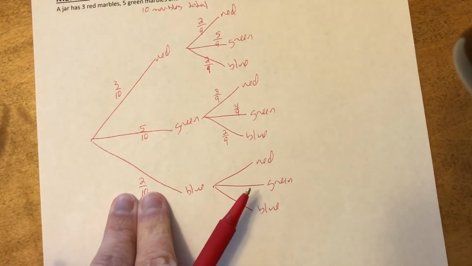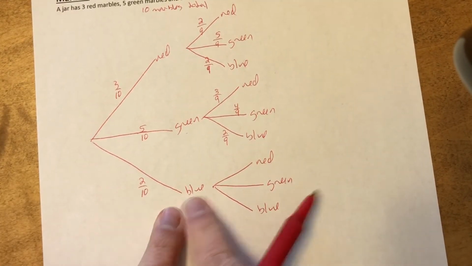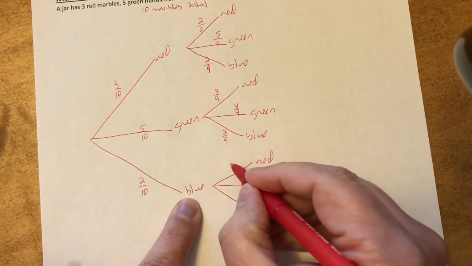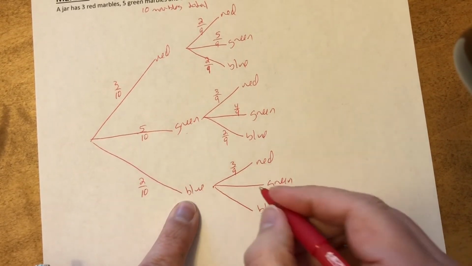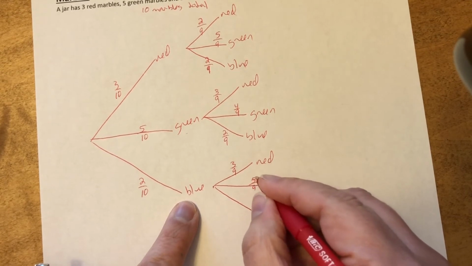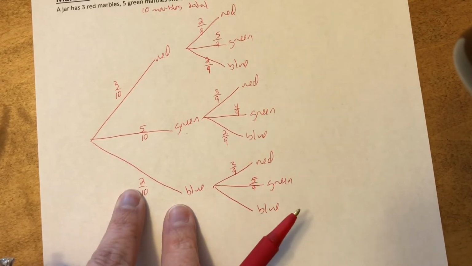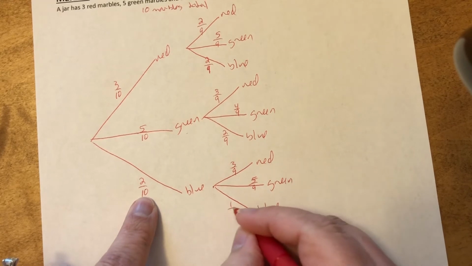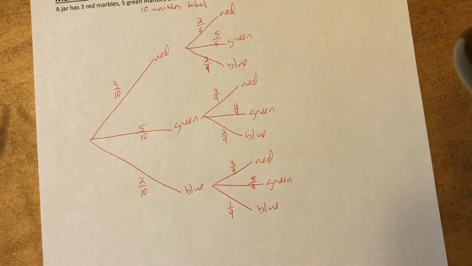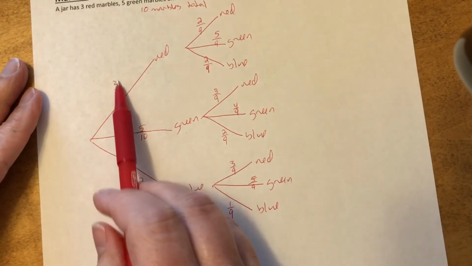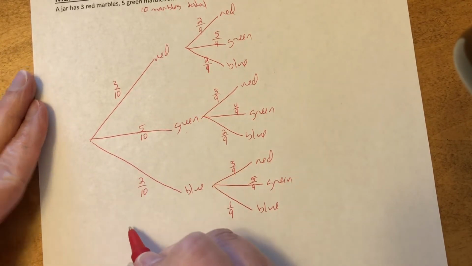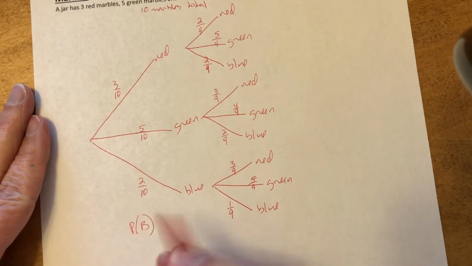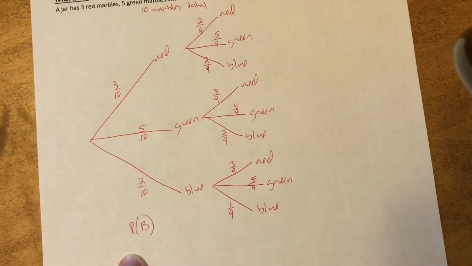Okay, if my first marble was a blue, second one was a red, I still have all my reds, but 1 less marble. Still have all my greens, but 1 less marble. That's a 5. And now I have 1 less blue and 1 less marble. So this is 1 out of 9. Okay, so this is the probability of the first marble, what I'll get on the first marble.